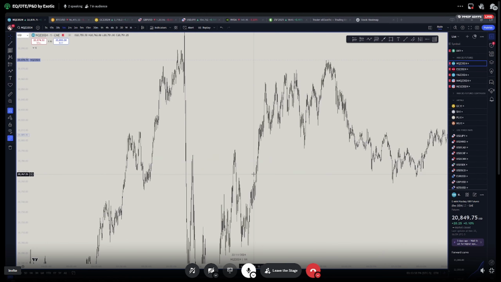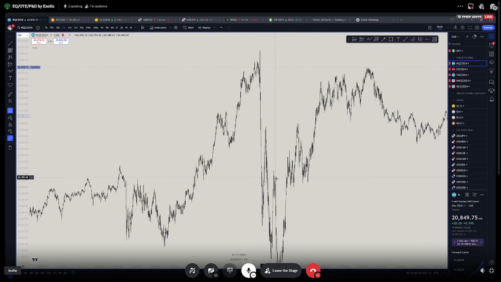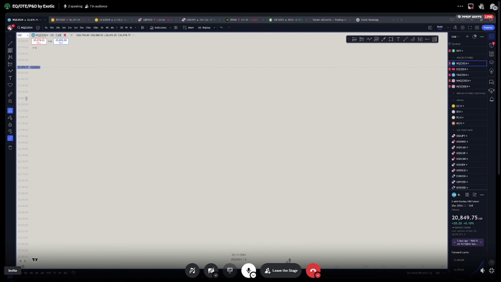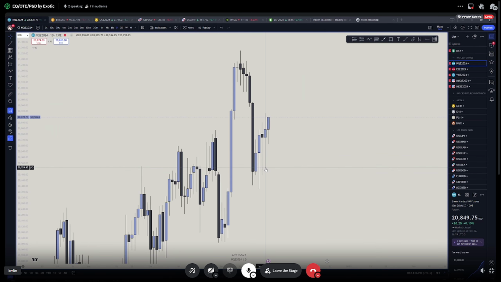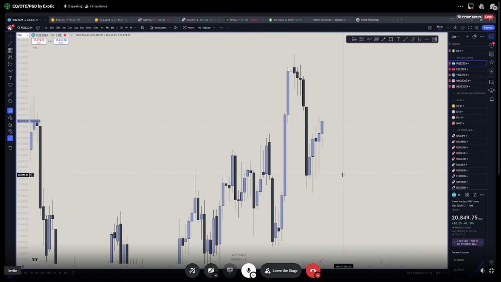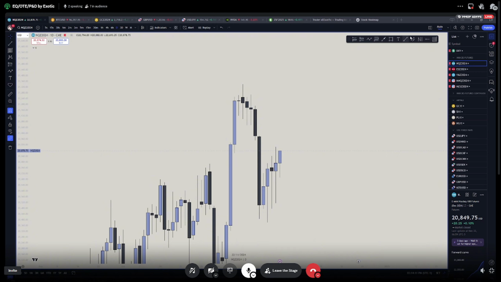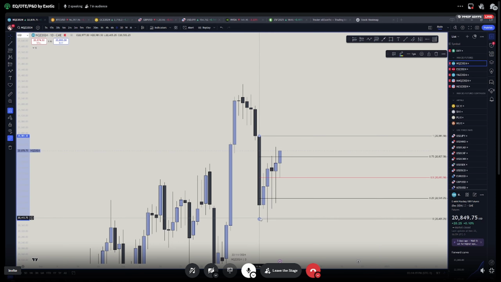I'll show you guys another way to use premium discount. So I'm pretty sure you guys are aware of midnight open and stuff like that. So another way we can use to find the premium and the discount of the day is to look at the daily candle here, right?